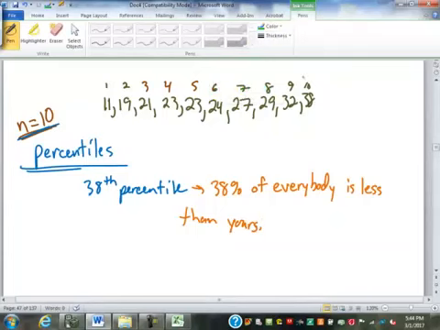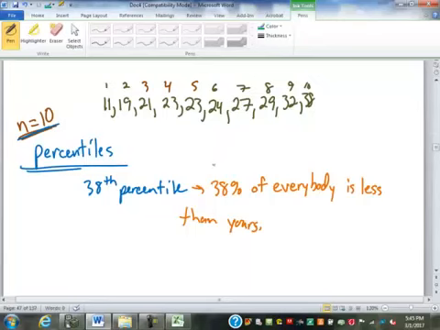So obviously, if you test in the 98th percentile, you've done really well. It's not possible to test in the 100th percentile. The only way you could ever be in the 100th percentile is if you could verify that absolutely everybody in the world is less than yours. So there's only one person in the world that's in the 100th percentile for each category.